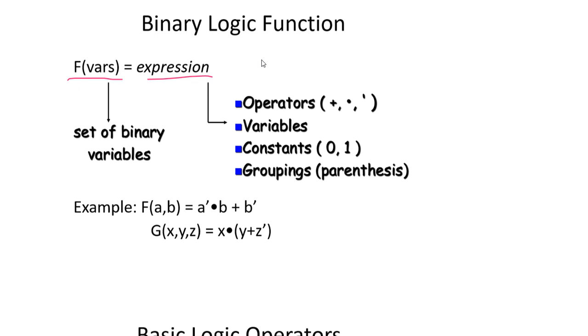I write one expression here: F accepts variables, say for example variable X and Y. And what I get is the equivalent result, which may be in the form of X plus Y, or X dot Y. You will get different kinds of results based on the operators.